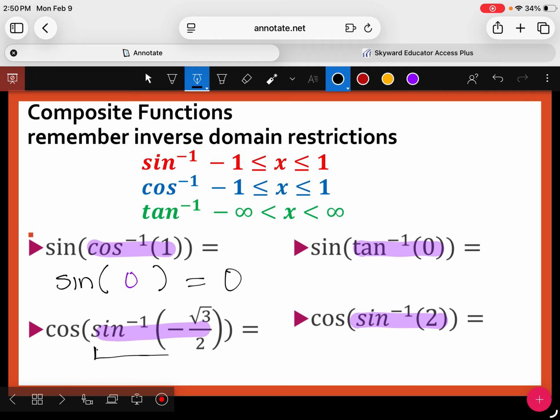Let's look here. We have -√3/2. Pause the video and find the angle that has a sine of -√3/2.